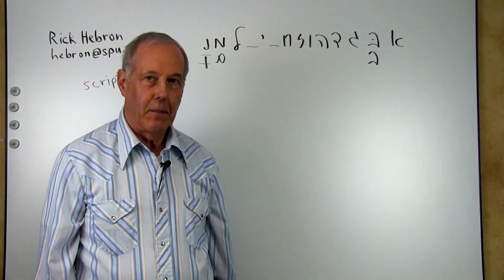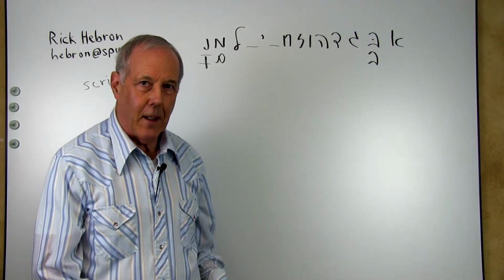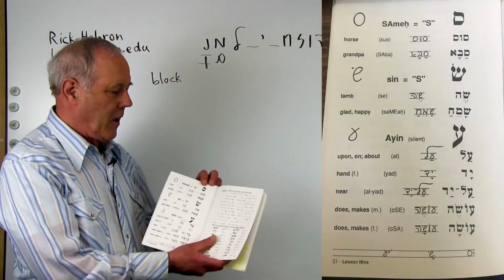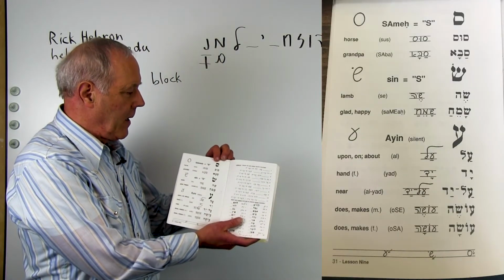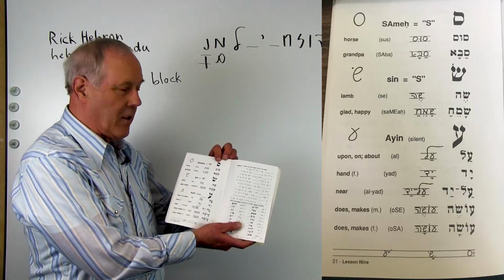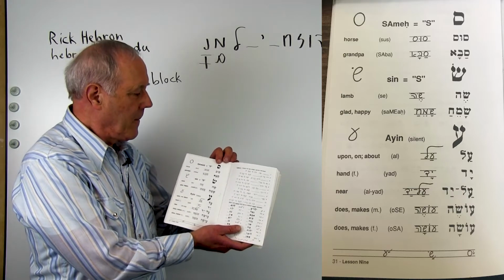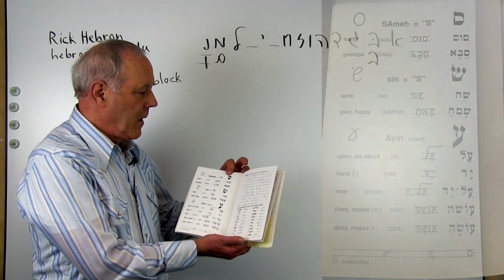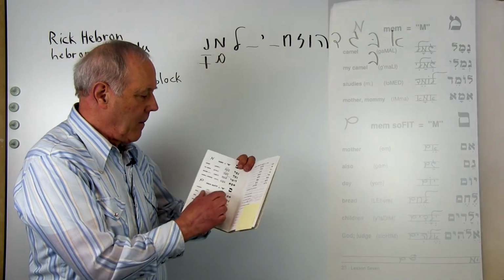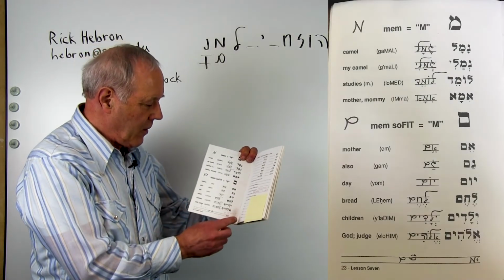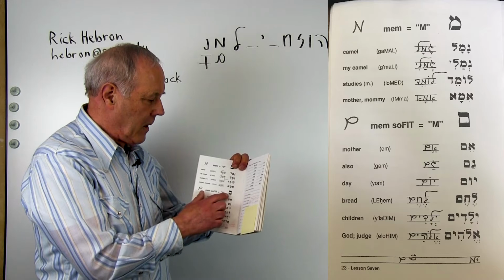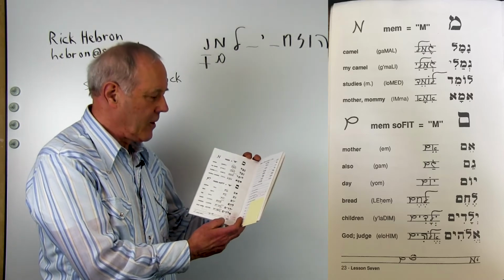So if you have your book, we're on page 31. If you look at the font that they use at the top of the page for the Samich, it's a little different from the way I drew it. But if you compare it to the final Mem, the Mem Sofit on page 23, it's alarming because they look almost exactly the same.